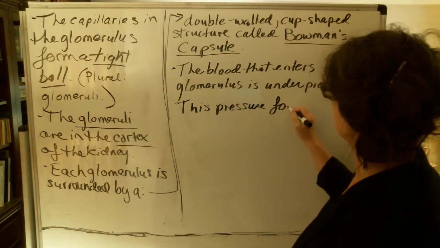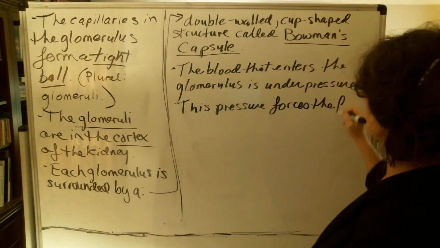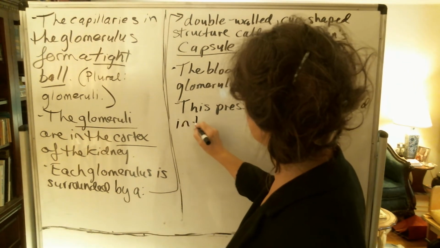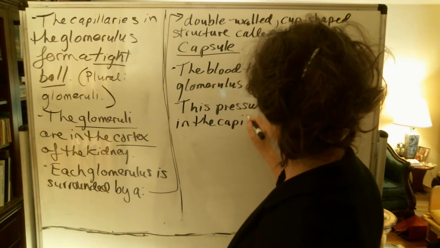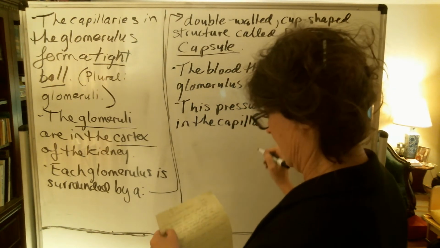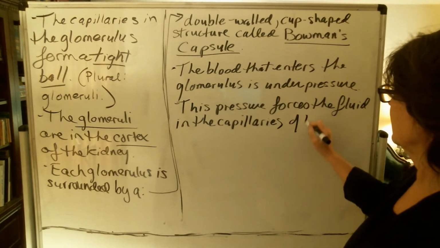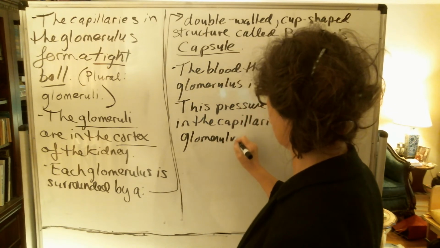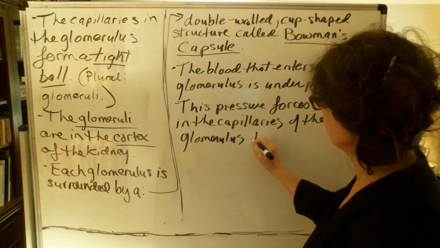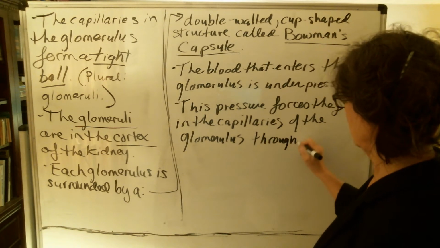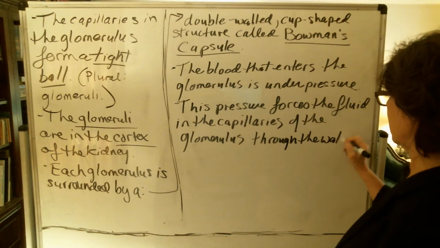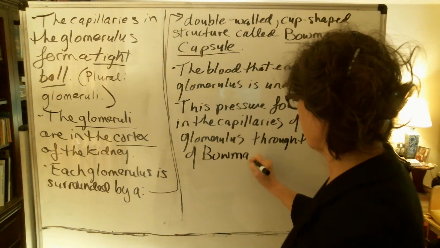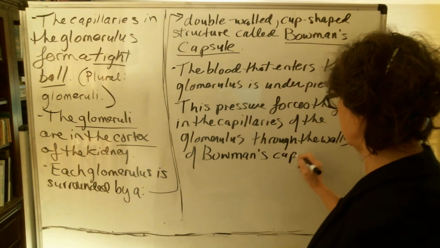This pressure forces the fluid in the capillaries of the glomerulus through the walls of Bowman's capsule.